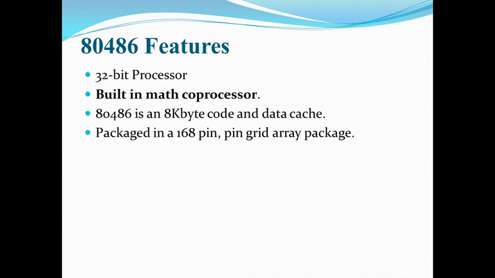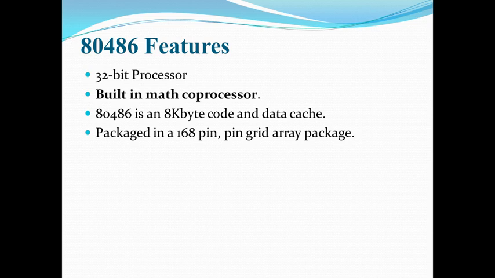It means whatever combination 80286 with 80287, or 80386 with 80387 are having, this is going to execute the instructions 3 times faster. 80486 has an 8 KB code and data cache.